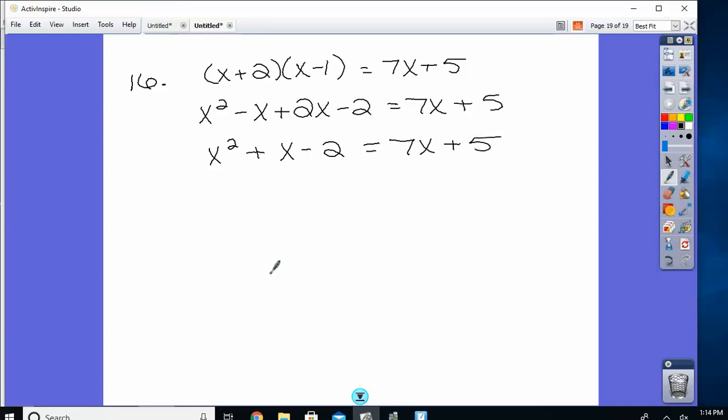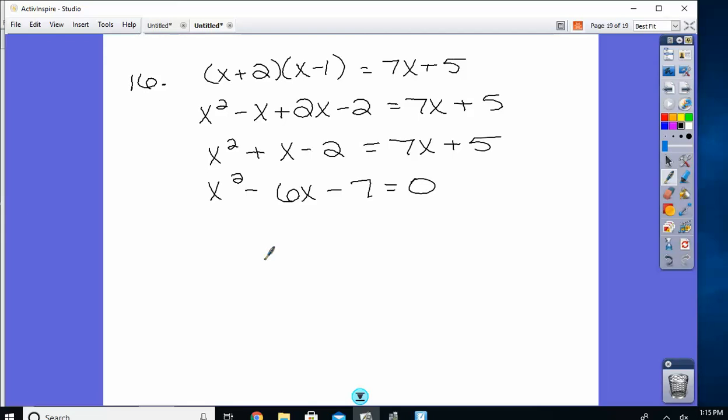Then what do we do? Set it to 0. So if I subtract over my 7x, subtract over my 5, now what?